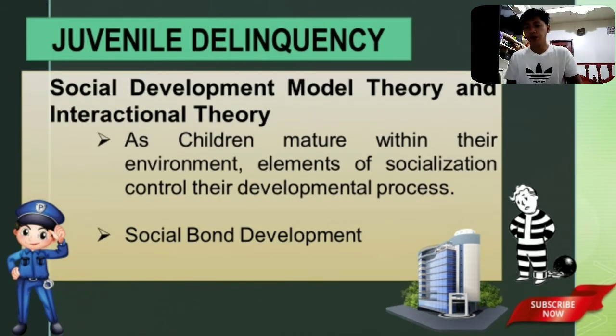So we have here the topic on social development model theory and interactional theory. We're going to discuss both of them together, because they are so much related that they have almost the same concept.